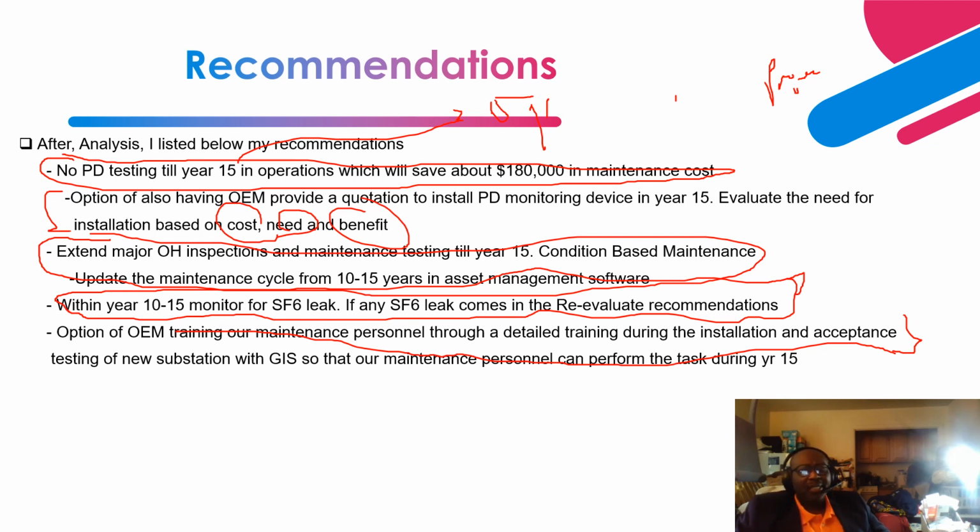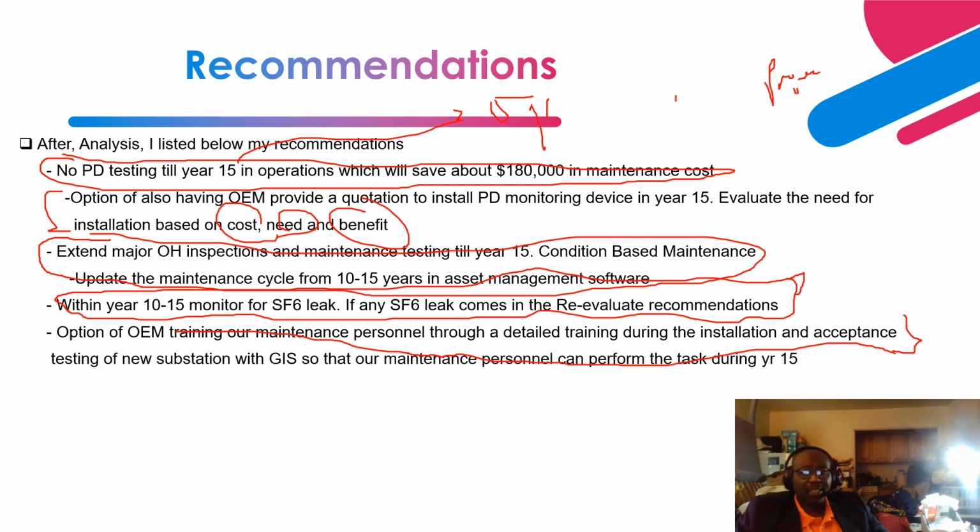Definitely there will be that discussion that we can have your maintenance personnel do certain tasks, that is non-invasive tasks, and the ones that require very invasive and very skilled work, we can have the OEM do during a major outage.